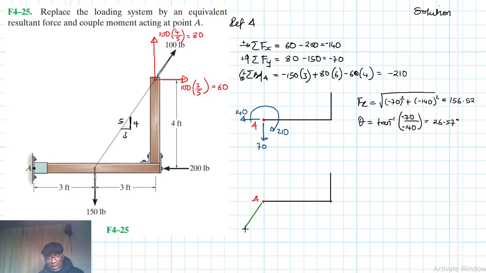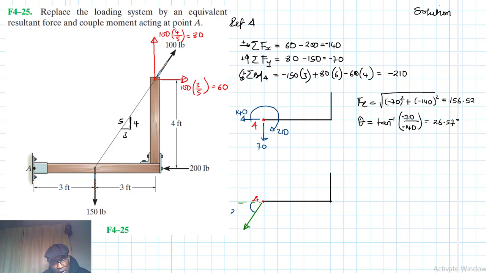So if we are to write this, we'll have the resultant like that, and then this is the angle that we just calculated. It is this angle here. Let me write it in blue. Remember, opposite over hypotenuse.